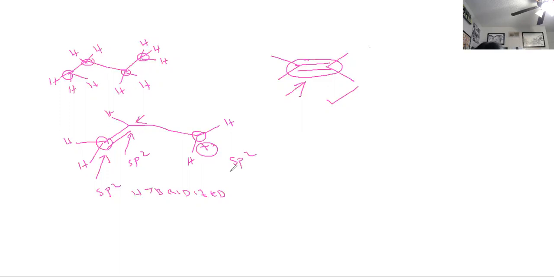Basically, if we were to look at this three-dimensionally, we would see we have our carbon here, we'd have our carbon here, and we would have our other carbon right here. We said this one has 2. This one over here, or no, this one has 1. And this one here has 2.